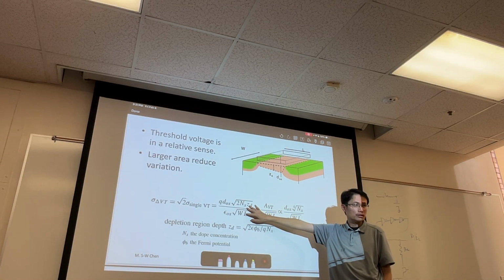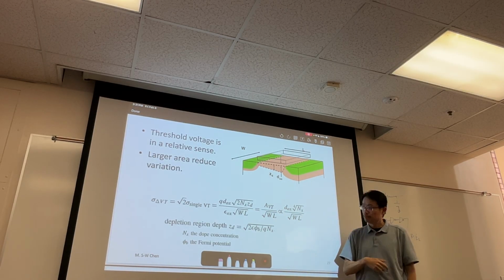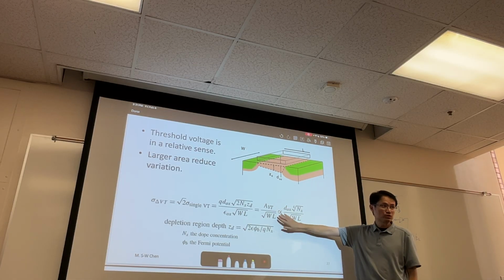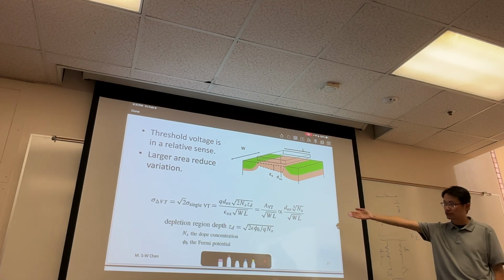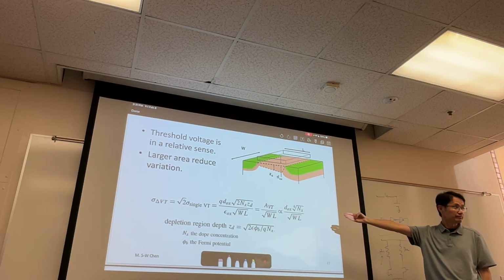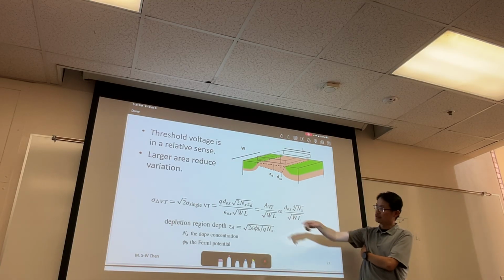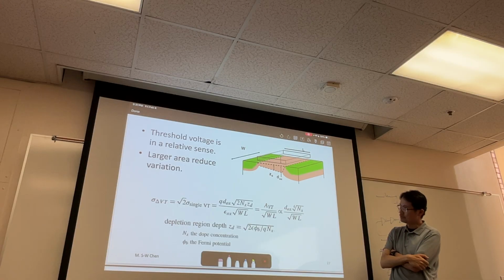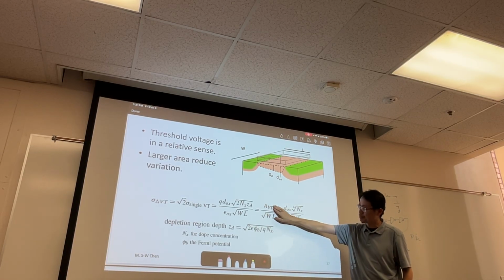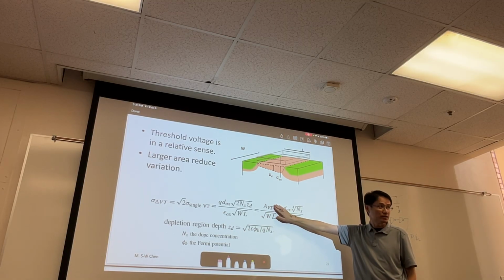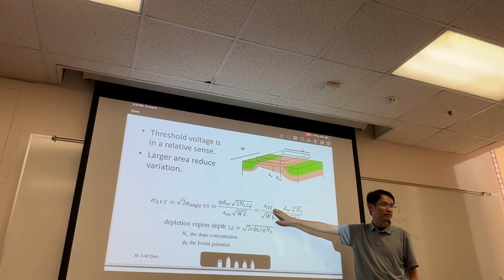By and large, the result turns out to be quite simple. Basically, it's a factor divided by the square root of the area. Later on, I'm going to show you that a lot of this variation follows the same trend. You make a larger area, and the matching, the threshold voltage in this case, can be captured by this process-related parameter. Different processes will have different A factors.